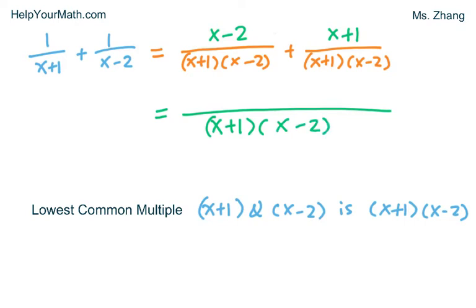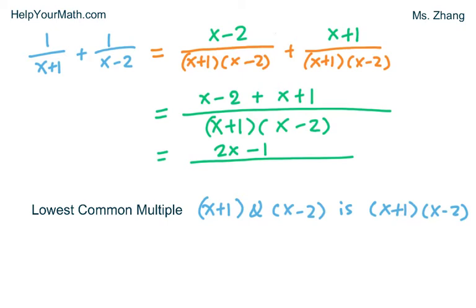And then you are going to add the difference of x and 2 and the sum of x and 1. So you just need to simplify the numerator. And x minus 2 plus x plus 1 is basically x plus x, which is 2x, minus 2 plus 1, that's minus 1. Now, if your instructor asks you to simplify the bottom, I will show you on the side.